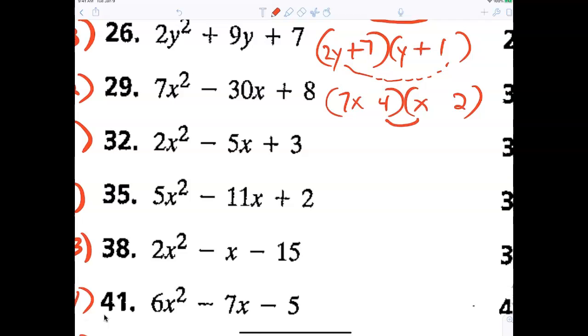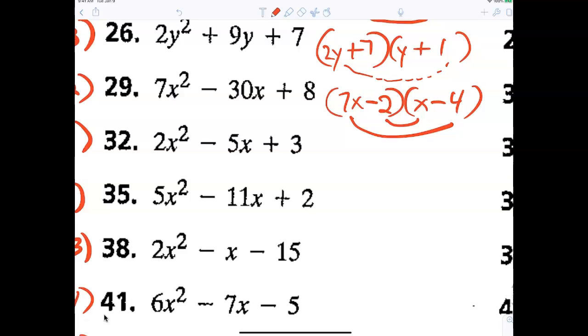How much is that? 4x. And that's 14. Not enough. Oh, I got the 1 and 8. So it's going to have to be 4 and 2. Does that work? Yes. Because 28 and 2 makes 30 if they're both negative. Come on, that's how easy.